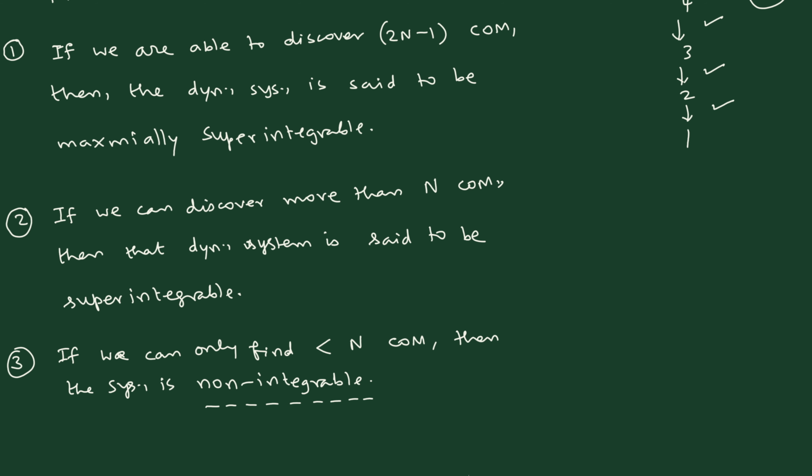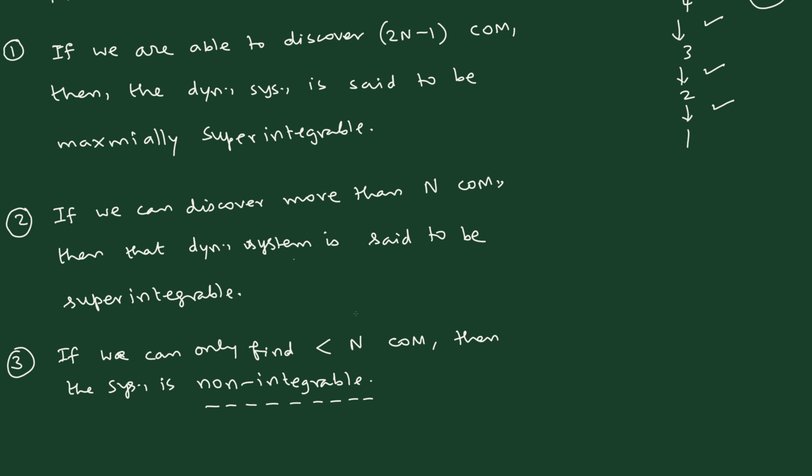As you see, n number of constants of the motion apparently is very much necessary in order to say that a particular system is solvable. Okay, solvable is a simple English term, and in classical mechanics we use the word integrable. So integrability of the dynamical system. So if you are able to only find less than n number of constants of the motion, then we say that the Hamiltonian system is non-integrable. In case you are able to discover more than n of them, then it is superintegrable.